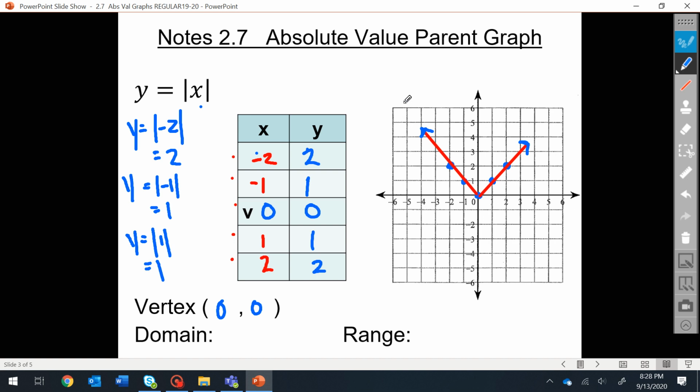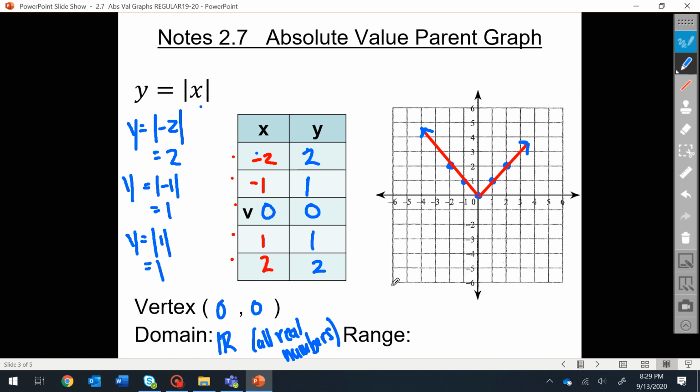This thing goes all the way to the left on the x-axis and all the way to the right. So we would say that the domain is all real numbers, and we use this symbol, which means all real numbers. This will be the domain of every absolute value function.